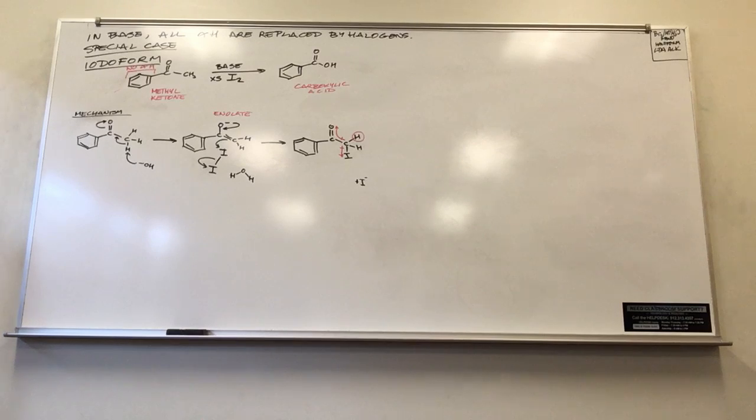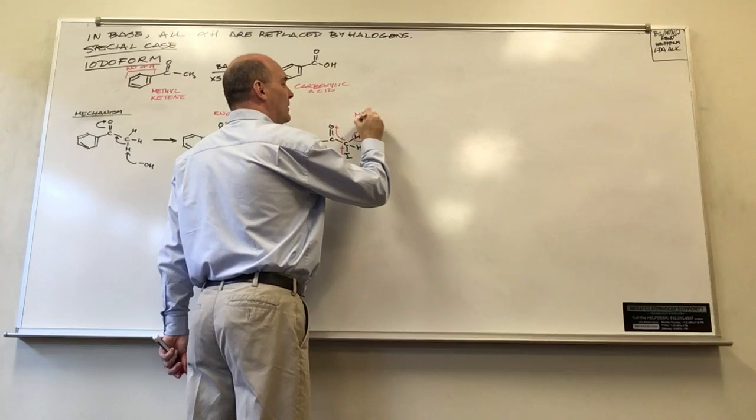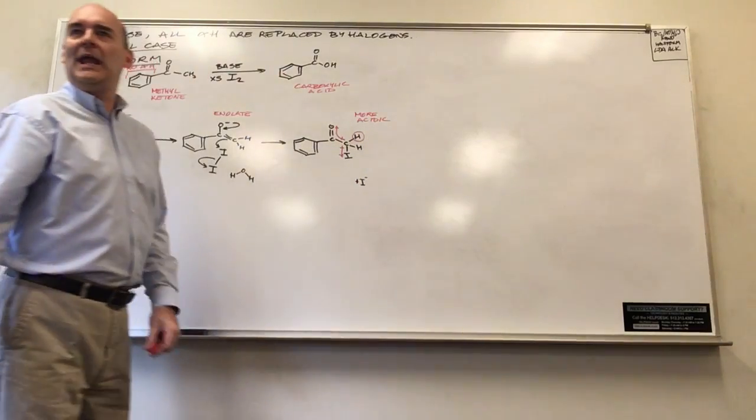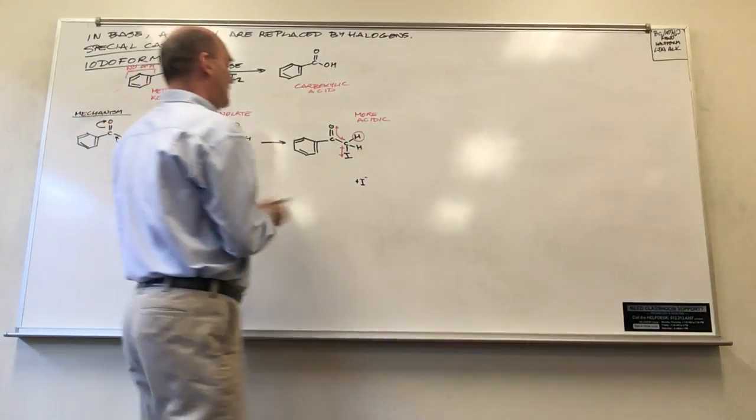Atoms have no feelings. More easily to come off as a proton. In science words, more acidic. It just became more acidic. You weakened the carbon to hydrogen bond by pulling electrons away from the carbon to some other place. Okay? So that's now more acidic.